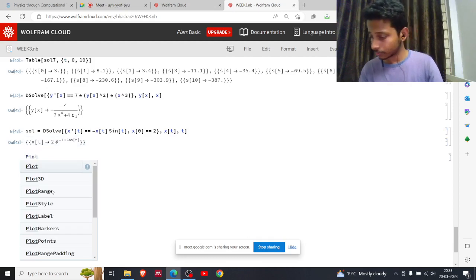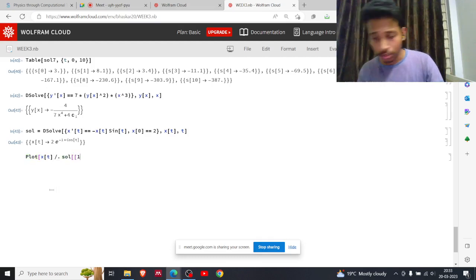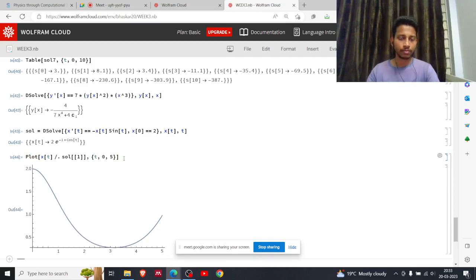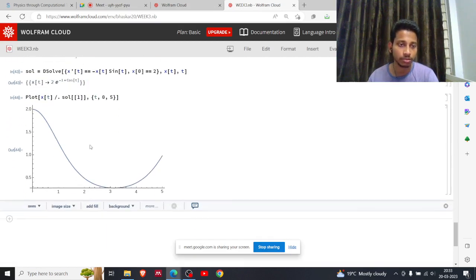Plot x[t], solve t. So this is the plot of this particular function, e to the power minus 1 plus cos t.